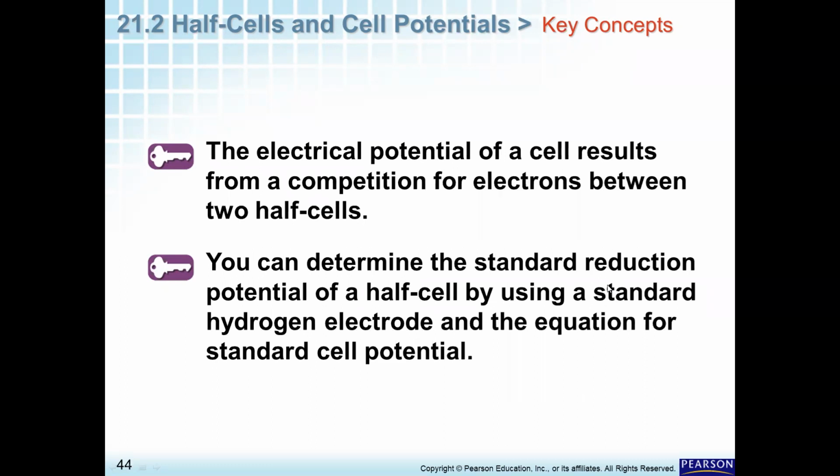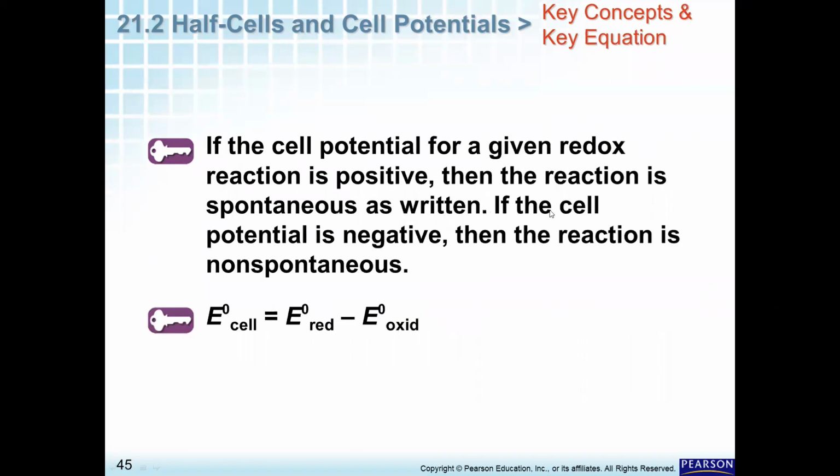The difference between them is equal to something minus 0 or 0 minus something, depending on whether this is an oxidation or reduction. This has already been done for you, and you don't need to assemble an experiment to determine one of them, but you can use the table, which will be provided to you in the exam.